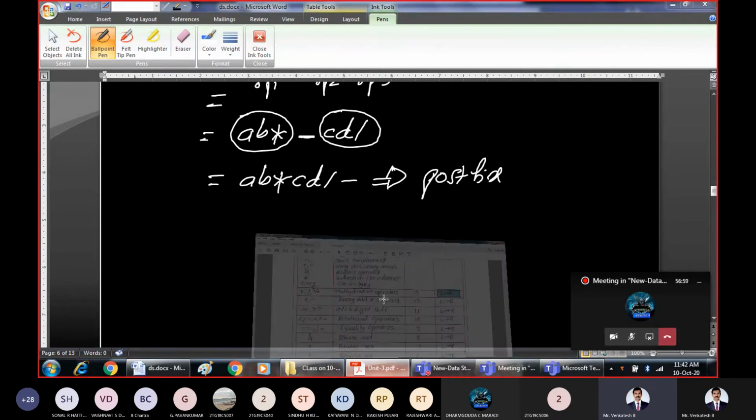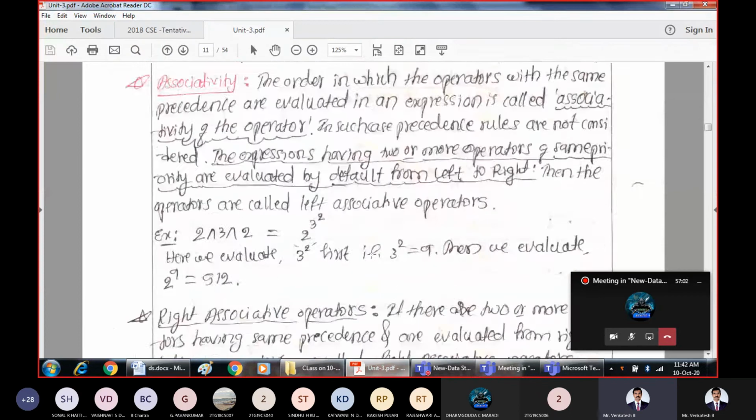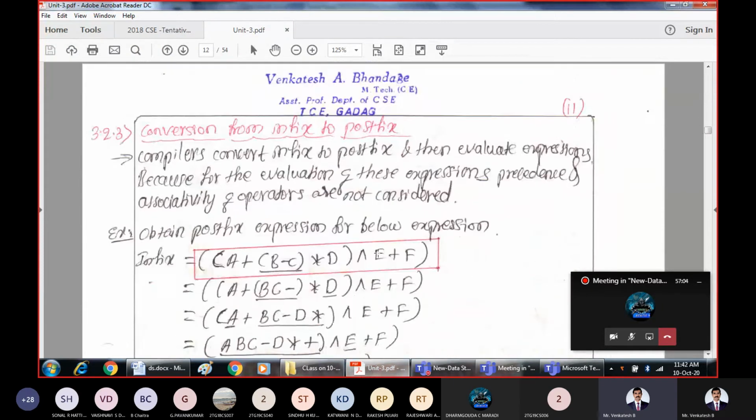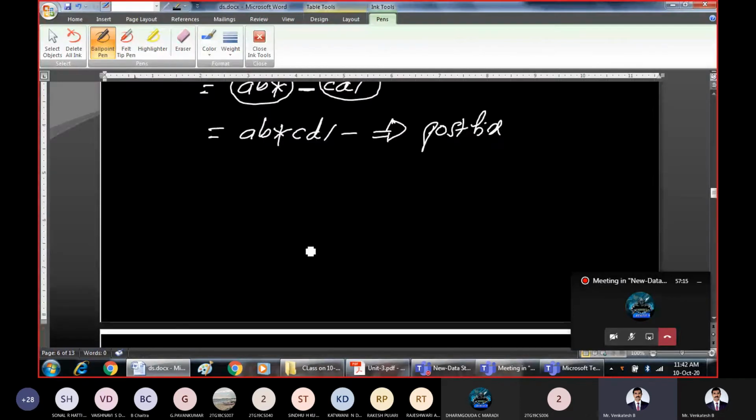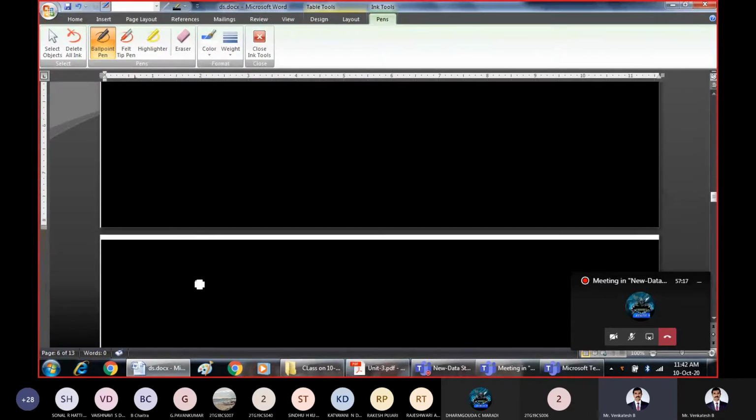Now I'll take a more complicated example. Let us take this expression with parentheses, because when we have brackets, the priority will differ as we have to solve the brackets first.